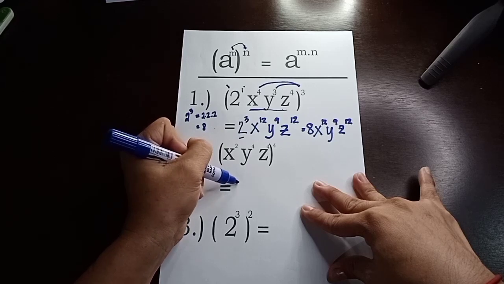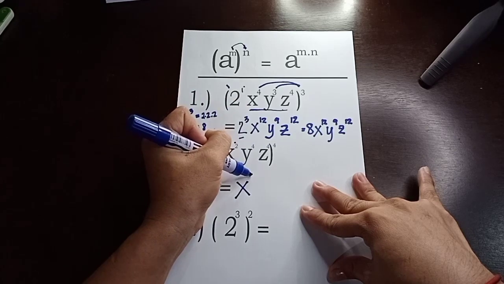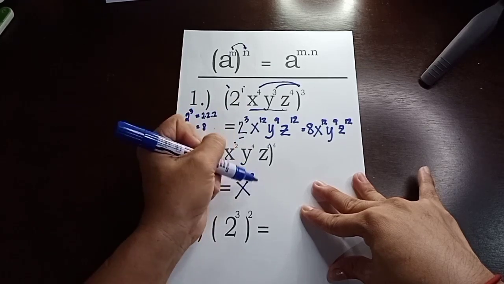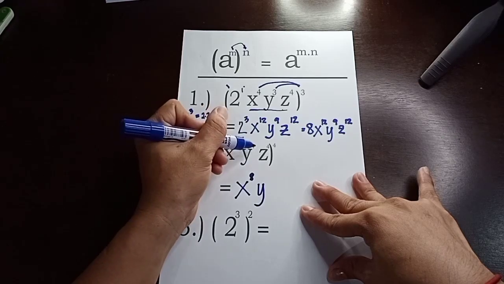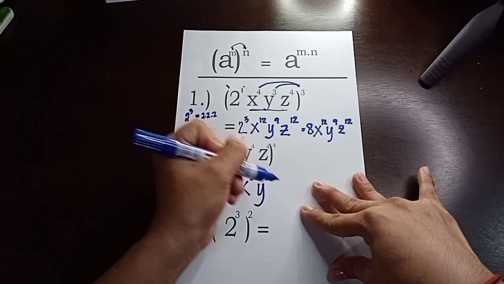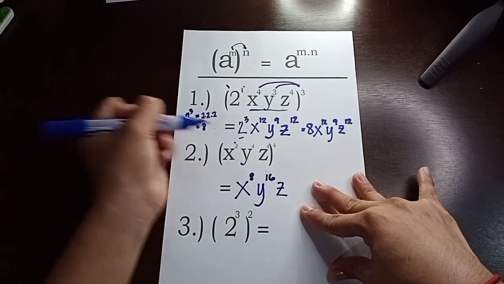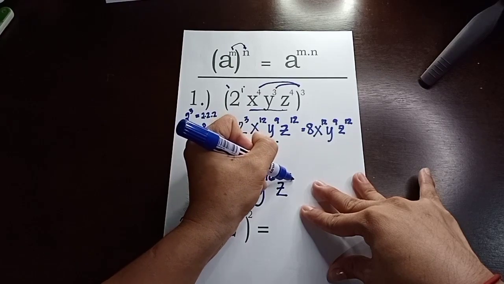Unahin muna natin yung x. So 2 times 4 is 8. And the next variable is y. So 4 times 4 is 16. And the next variable is z. So 4 times 4 is 16.